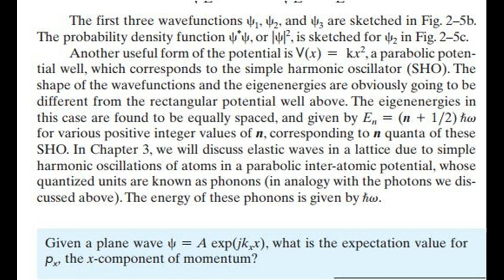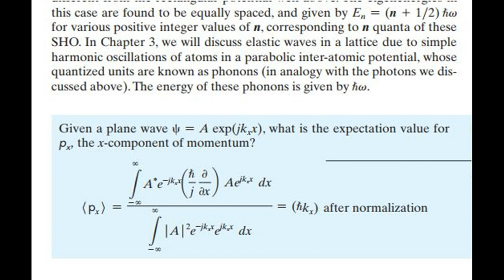Given a plane wave ψ equal A exp(jkxx), what is the expectation value for example of px, the x component of momentum? This is the de Broglie relationship. If we try to evaluate these integrals directly, we run into the problem that both numerator and denominator tend to infinity, because an ideal plane wave is strictly not a normalizable wave function.